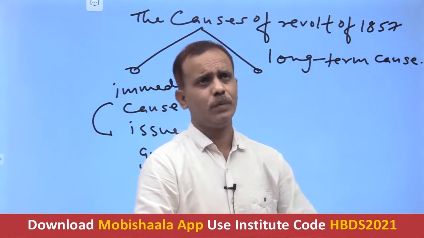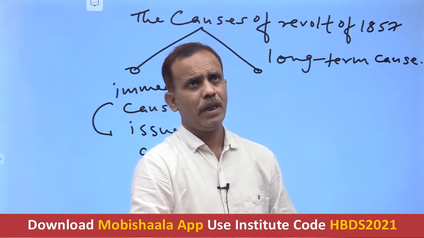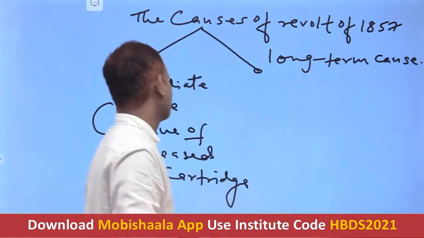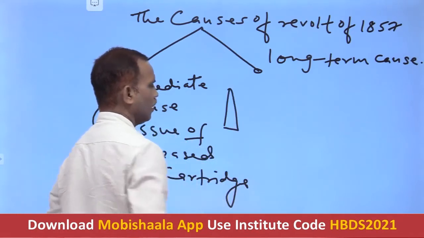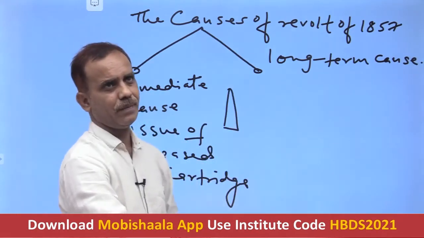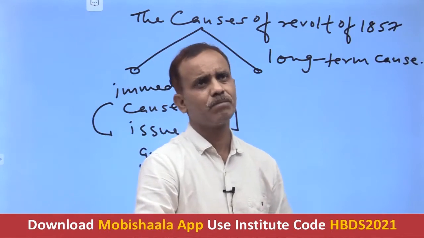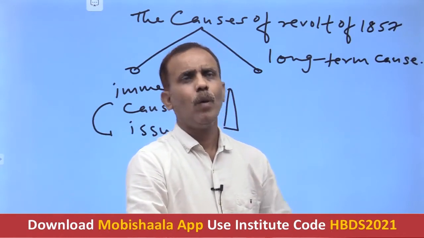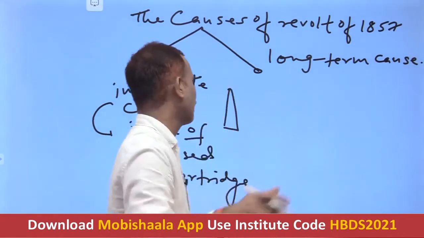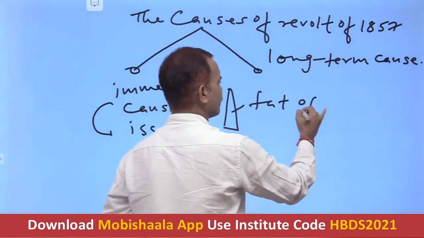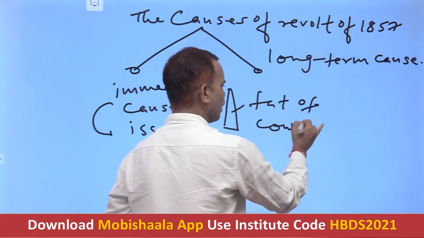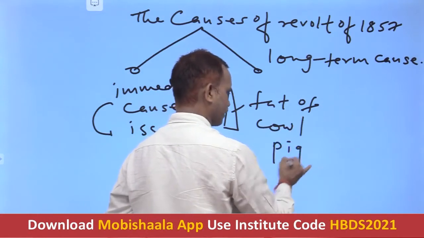In this issue, it was said that the bullet of rifle was made of the fat of cow and pig.